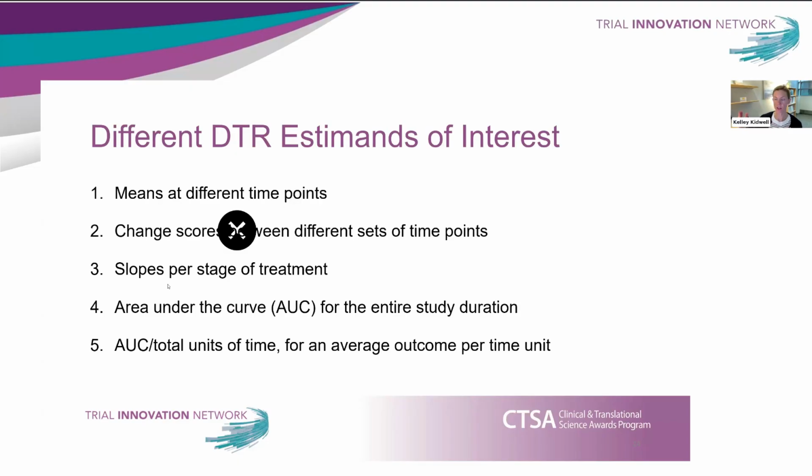Alternatively, you could think about the trajectories and the slopes, either per stage or over time for treatments or DTRs. With longitudinal data, you can also think about the area under the curve for the entire study population, entire study duration, and or divide that by the units of time for an average outcome per unit. And I'll show you an example of why that might be of interest.